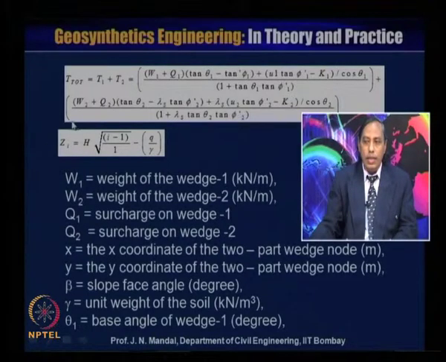And this is the Zi at any depth. This is H = root of (i − 1) by L − Q by gamma.